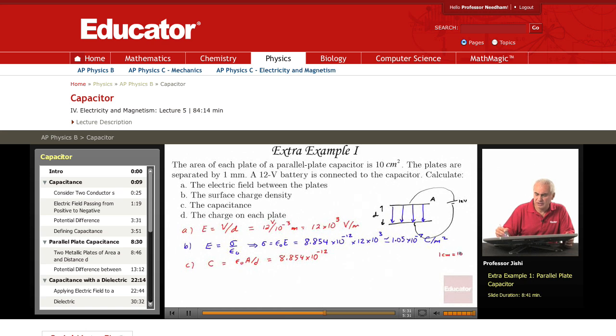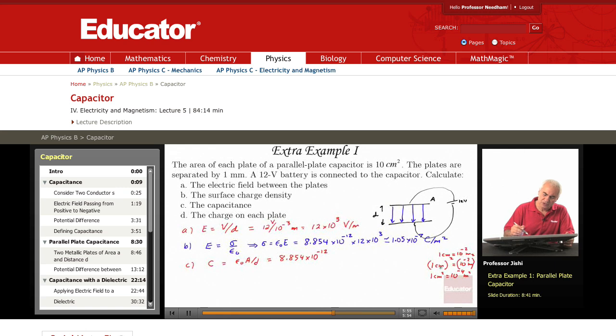So that's 10 to the minus 2 meter. So 1 centimeter squared is 10 to the minus 2 meter squared, which is, so this means that 1 centimeter squared is 10 to the minus 4 meter squared.